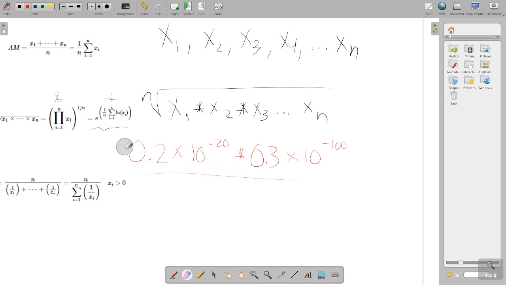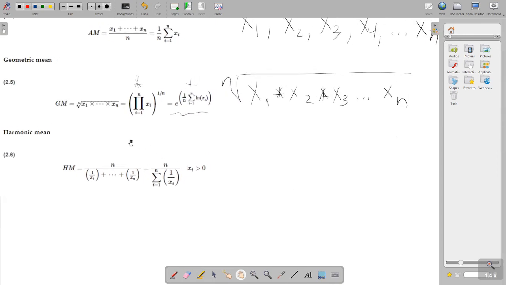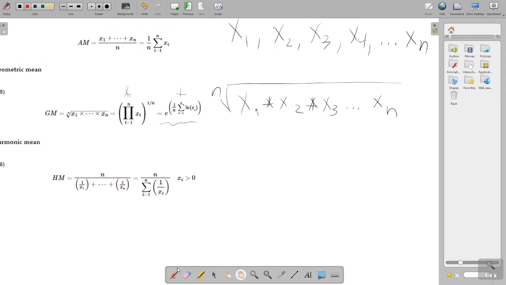Alright, so I think the last one, I'm not going to go too far in depth on it, it's almost the same sort of thing, is harmonic. So the reason we use this one is essentially the same as the reason we use that.